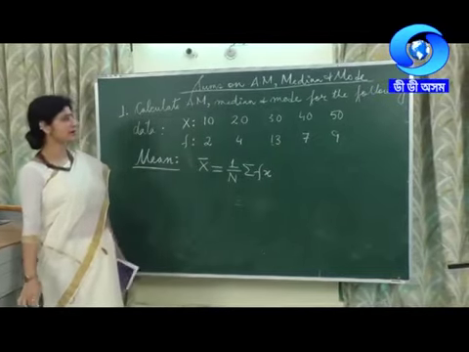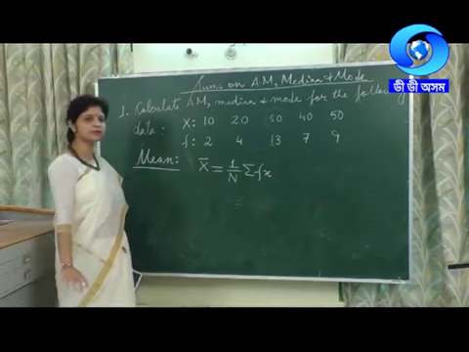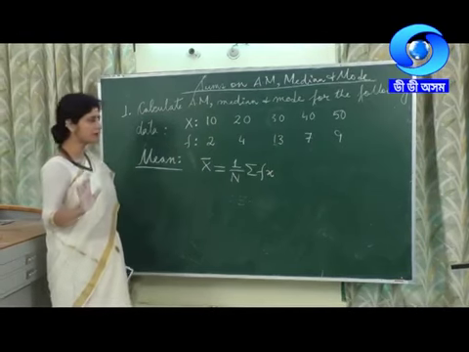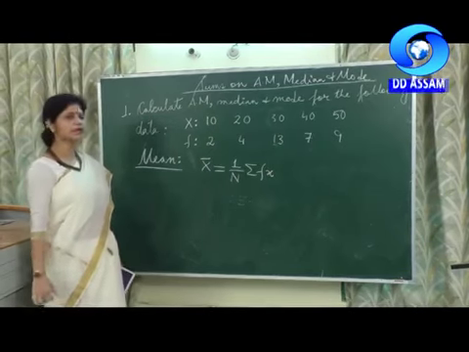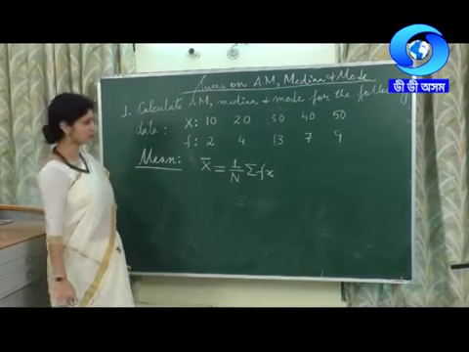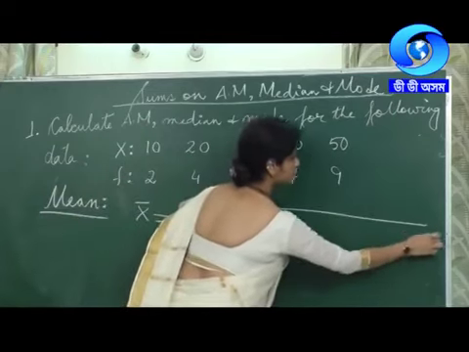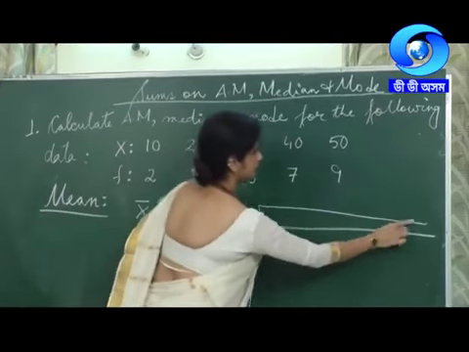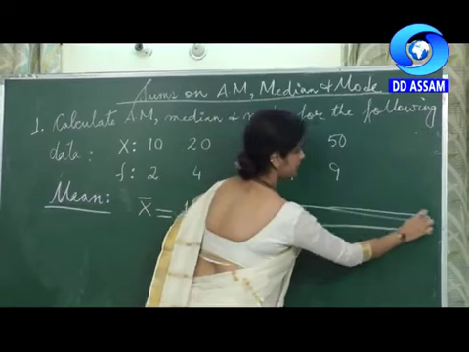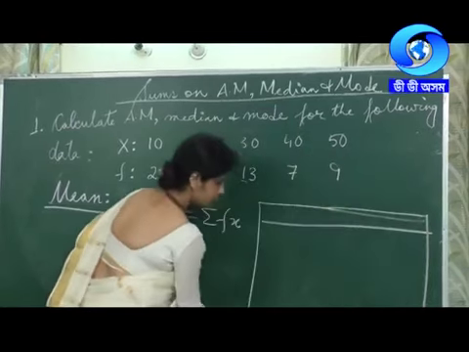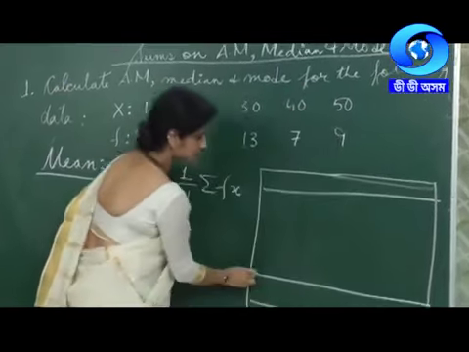Alright, and for calculating median, there is no specific formula, but I think you remember we have to construct the cumulative frequency distribution table. So we will make the table. Together we can do median and arithmetic mean calculation. So the table will look like this.